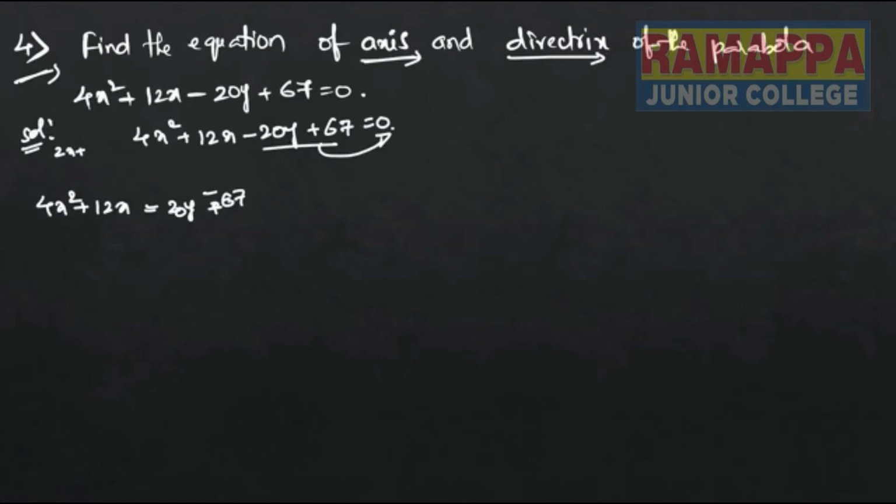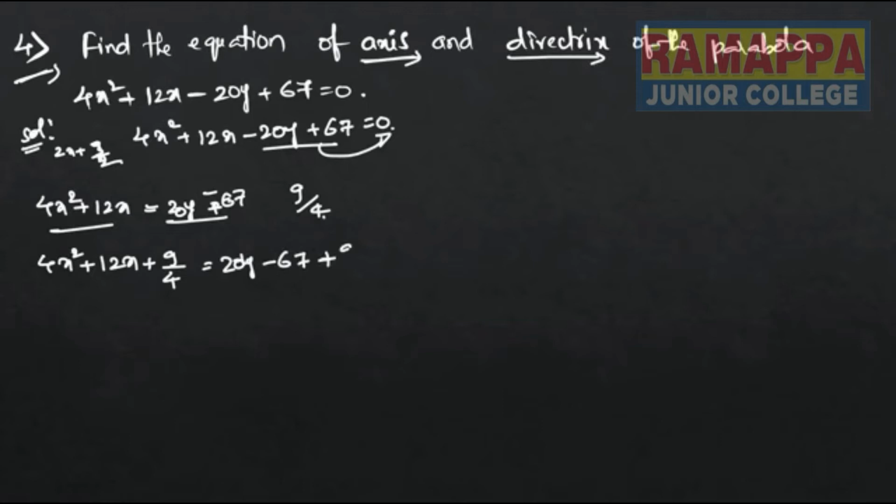What we have to add here is 9 by 4, that is, 3 by 2 squared. So I will add 9 by 4 to both sides of the equation. It will become 4x square plus 12x plus 9 by 4 is equal to 20y minus 67 plus 9 by 4.